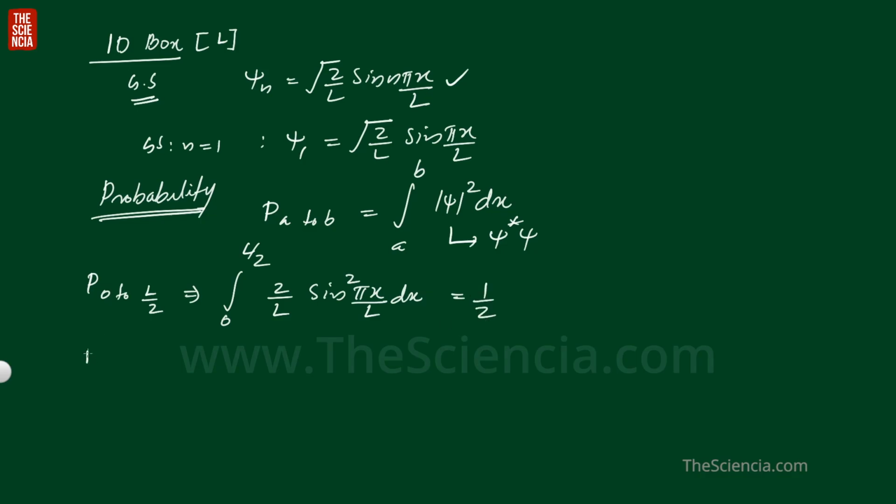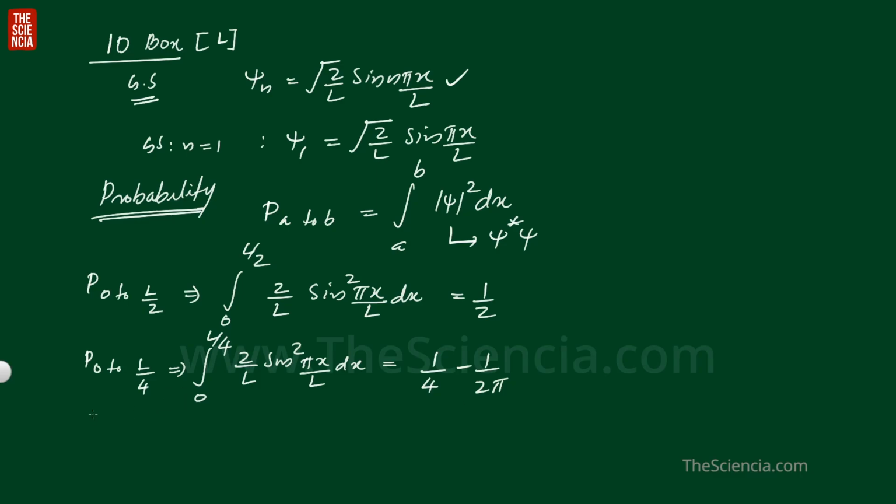And if you are solving the probability of finding the particle from 0 to L by 4, that is integral 0 to L by 4 2 by L sine square pi x by L into dx, what will we get? This problem also we already solved and we got the solution as 1 by 4 minus 1 by 2 pi.